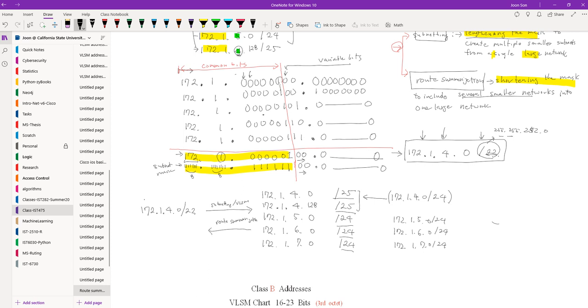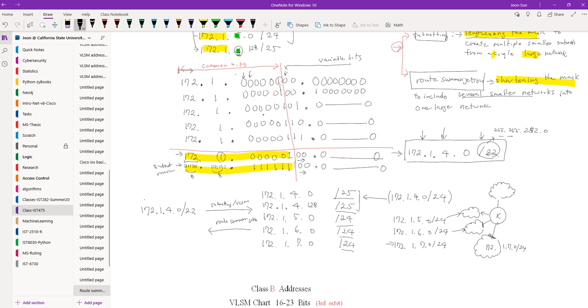Let's say there's a router, and the router has another network, a small cloud network, 172.1.7.0/24, and then there's another network, and another one, 172.1.6.0/24, and now we have 172.1.4.0.